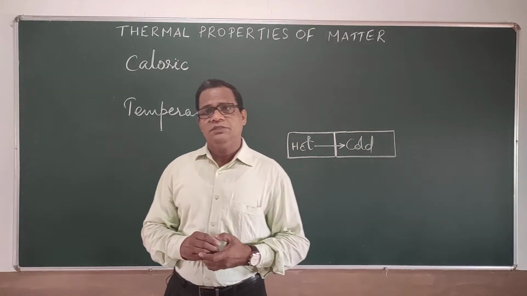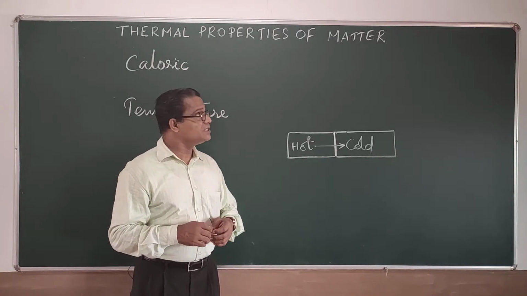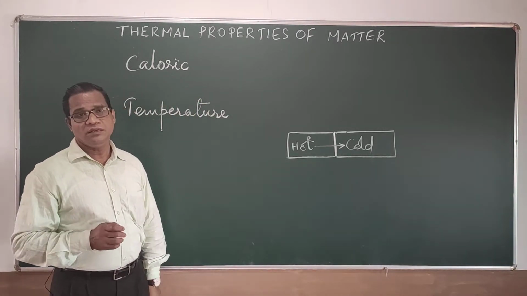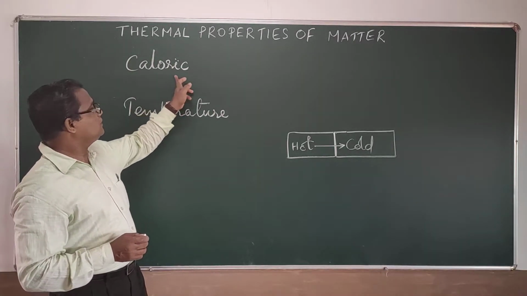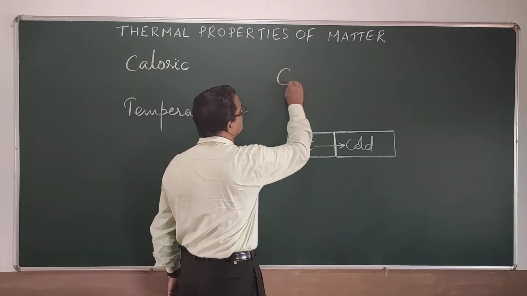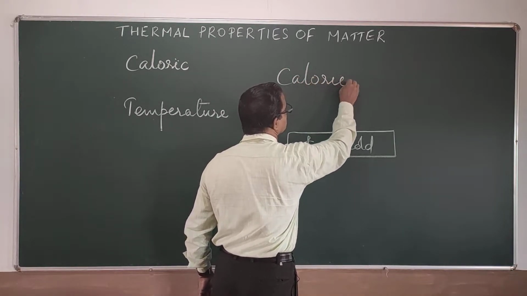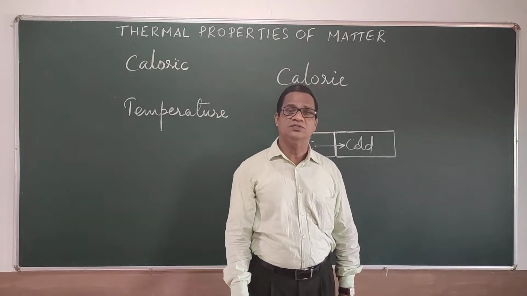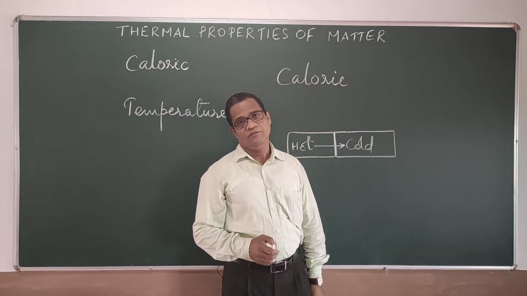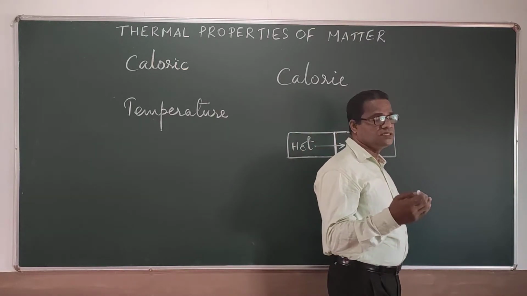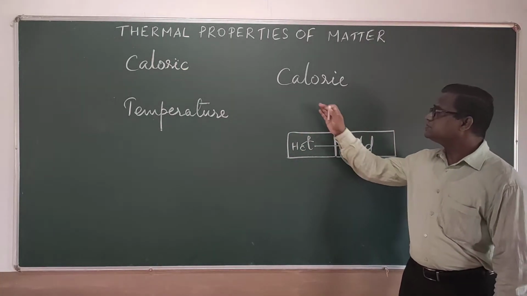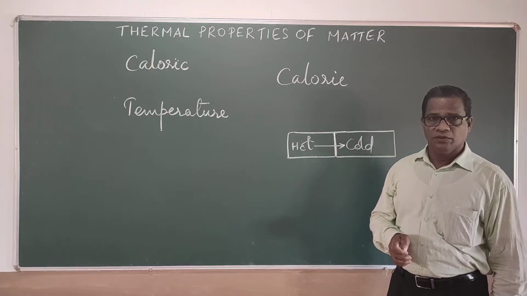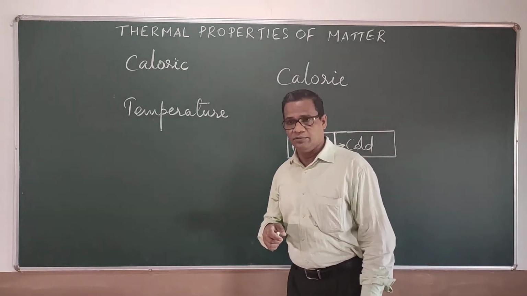Okay? Now we started with the older concept what we call caloric. Now we are not using it, but still you will be coming across the name calorie. This is taken as the unit of heat energy still. When we express the heat energy in terms of Celsius system, there comes the calorie as the unit for heat energy. So what is 1 calorie?